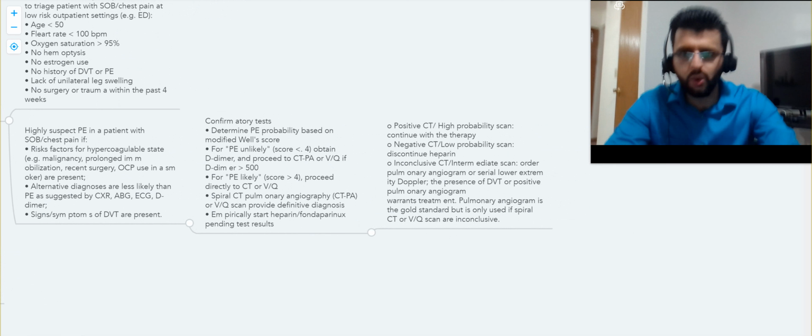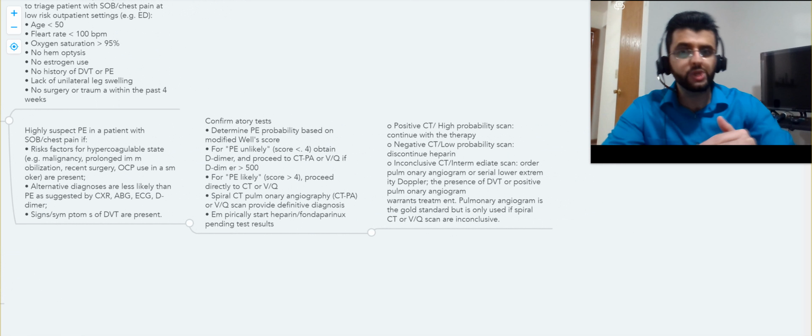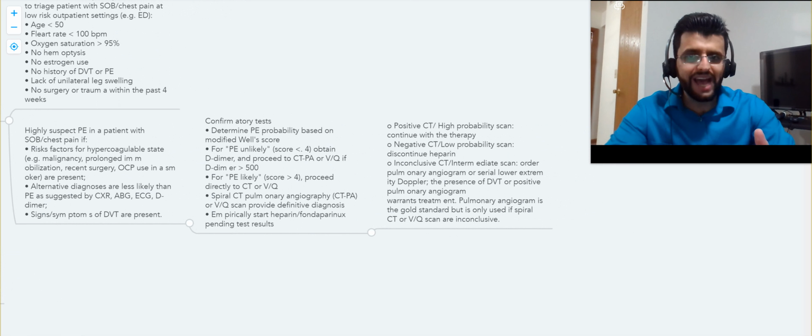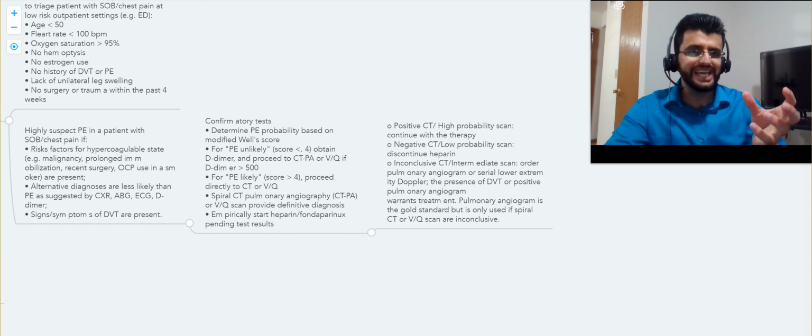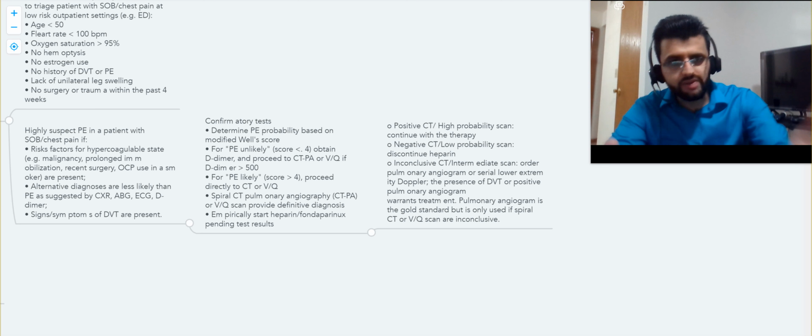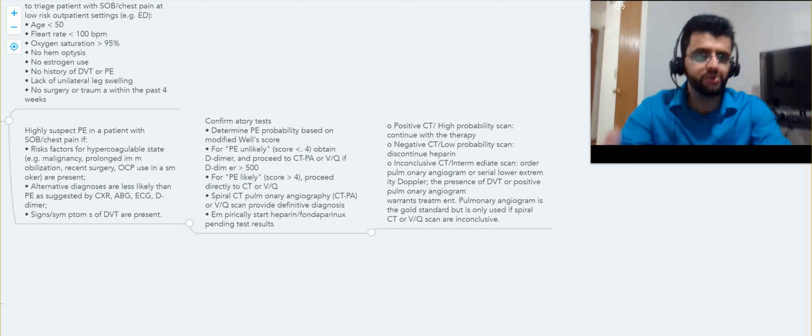We depend on the probability of the PE. If unlikely, we do D-dimer, and then we do CT or VQ only if the D-dimer is above 500. CT if there is no renal failure, and VQ if there is renal failure.